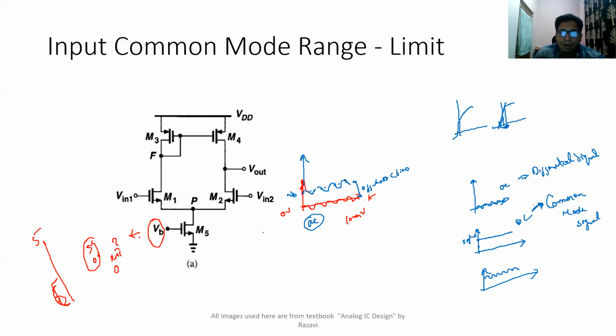So I can have an input signal with one DC bias, or another input signal with a different DC bias, and both of them will be amplified.